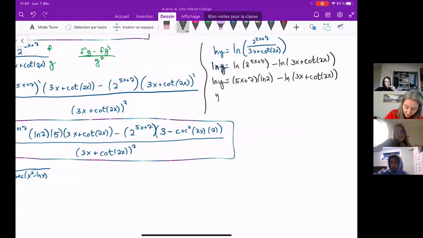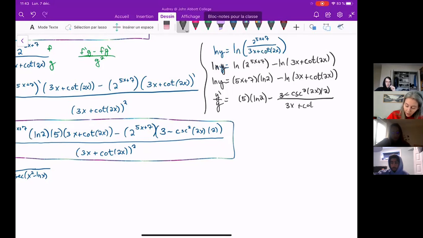So y prime over y is equal to the derivative of 5x plus 7, which is 5 times the constant ln 2, minus 3 minus cosecant squared of 2x times 2, over 3x plus cotangent of 2x. So I just did the derivative of the inside on top and put it on the bottom. So g prime over g, and then I multiply the y over.